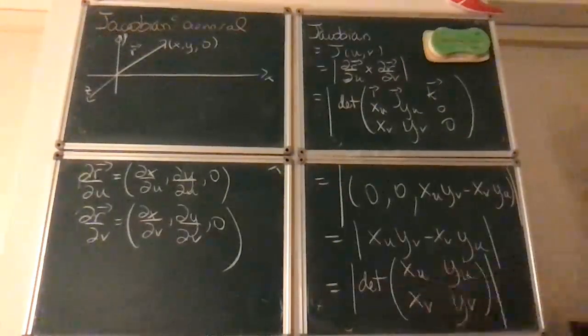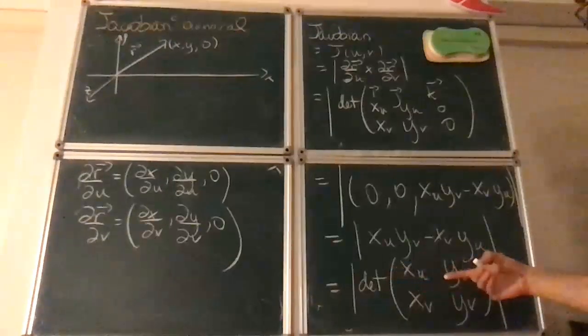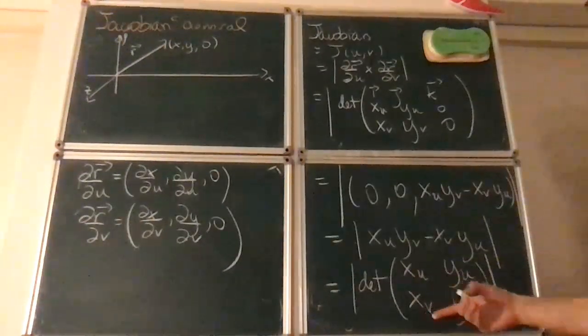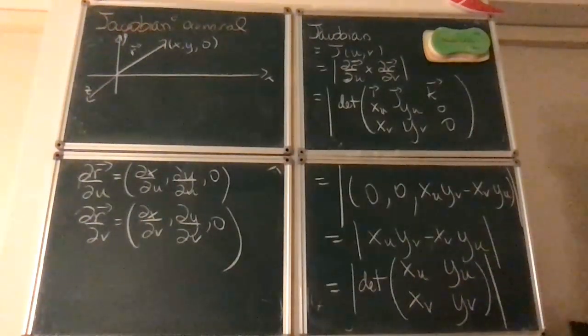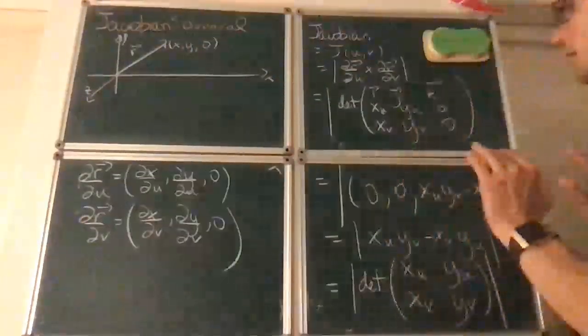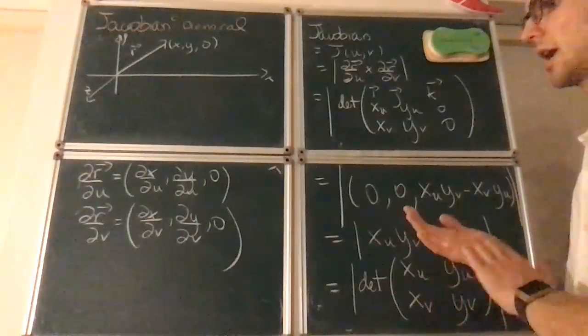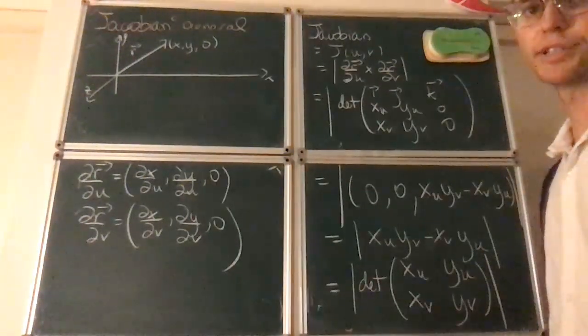You can write it like this determinant. So it's like the determinant of the partial derivative of the position vector with respect to u, and the partial derivative of the position vector with respect to v. So there are many alternative ways to write this formula. So what I'm going to do next time is just give you the way to write it down as a black box, and then we can start using it for examples.